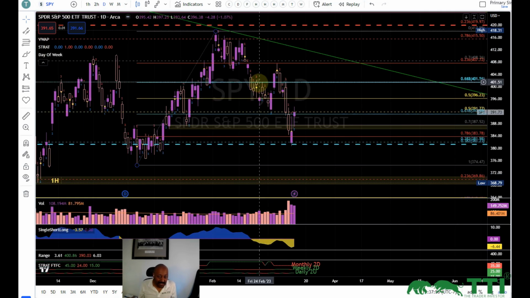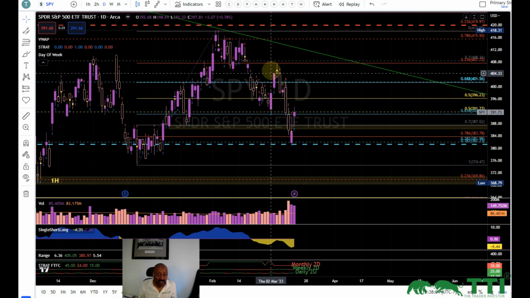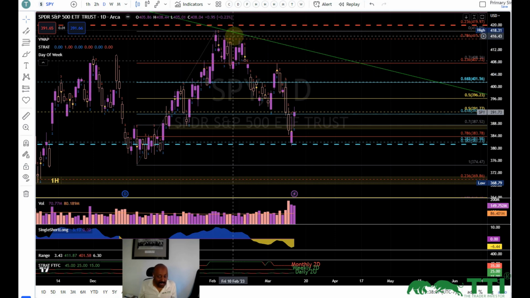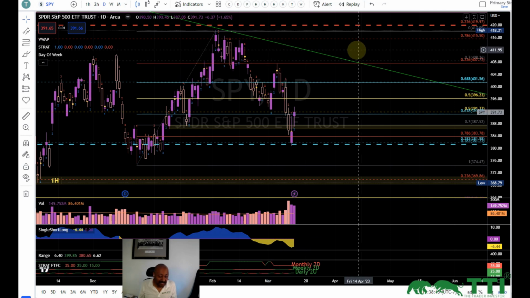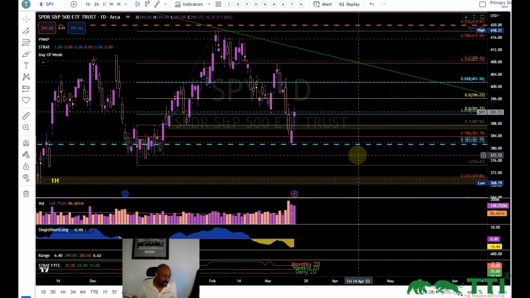Until it proves us wrong, until we close this, we don't have any new anchors to draw from. So we continue in that move. But again, lower high, lower high, lower high. Low, lower, low, lower. Until we break above these highs, we're still in the downward momentum.